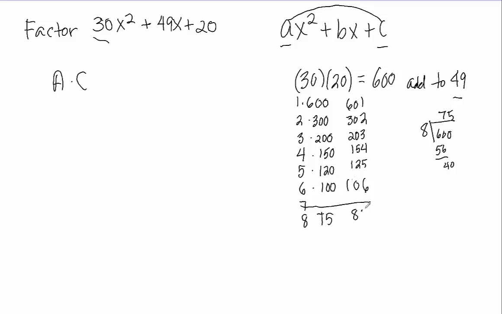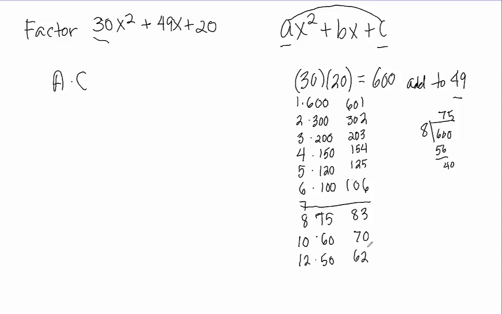So I'm still too high, that adds up to 83. 9 won't go. 10 will go 60 times. That adds up to 70. 11 won't go. 12 will go 50 times. That adds up to 62.